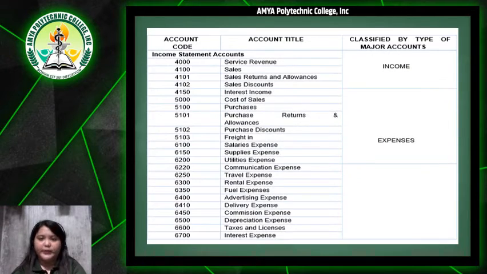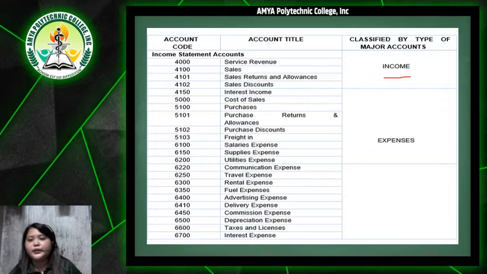Another one is for income statement accounts. For income, the account code should start with 4, and expenses should start with 5. Okay. So for income, we have the service revenue, sales, sales returns and allowances, sales discounts, interest income, cost of sale, purchases, purchase returns and allowances.